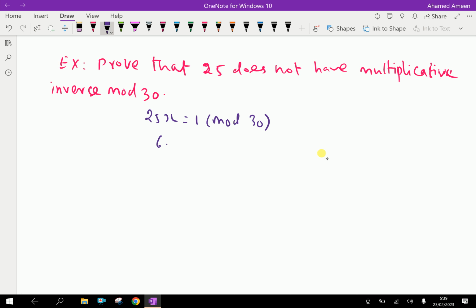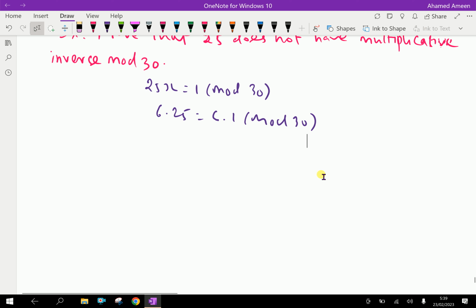Multiply 6 on both sides, then 6 times 25 is 150, so 150x equals 6 times 1, which is 6, mod 30.